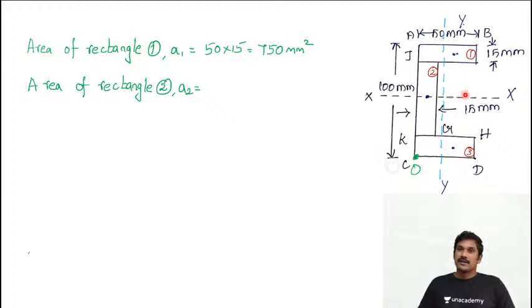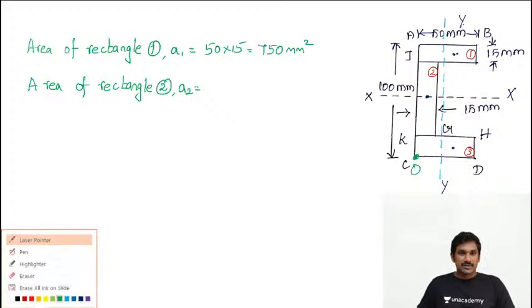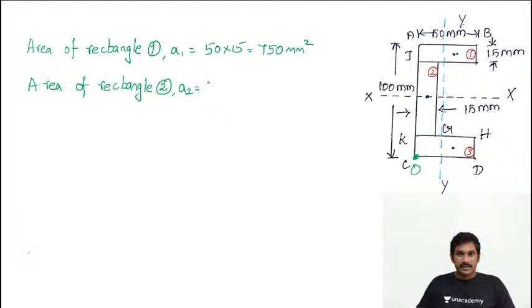So 100 minus 15, and there is another 15. So 100 minus 30. The remaining height is 70 mm. So 70 into the width, which is 15. The answer is 1050 mm square.